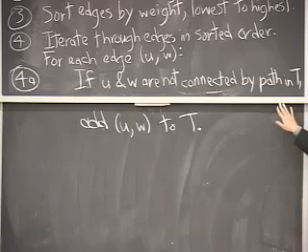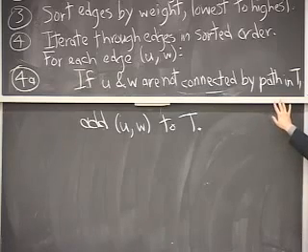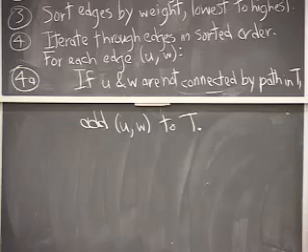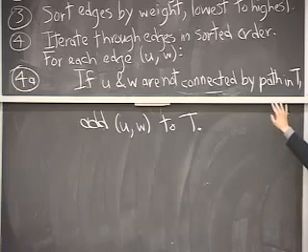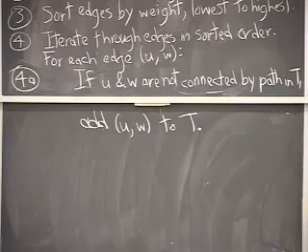Now you notice that this doesn't say if U and W are not connected by an edge. It says if U and W are not connected by a path in the tree that we've formed so far. And so two vertices might be connected by a very long path in that tree. So I have left out a very important question here, which is how can we determine whether U and W are connected to each other by a path in a way that's fast?